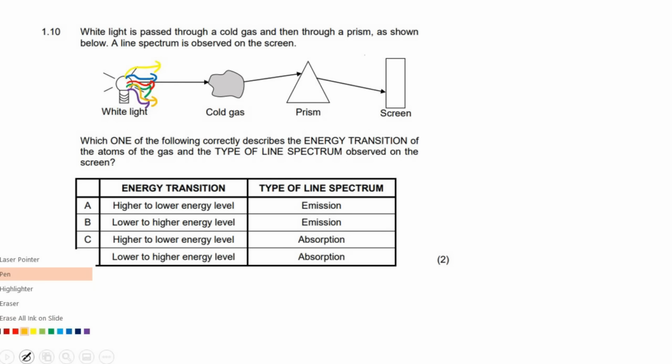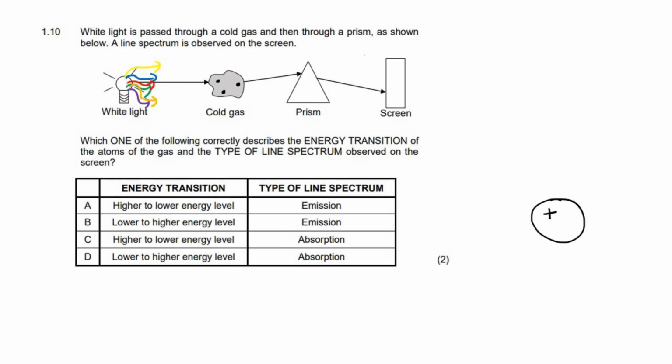Now, what happens is that that white light is shone into this cold gas. Now, in this cold gas, you've got atoms. Okay, I'm going to draw 3 atoms. And inside those atoms, there are electrons. Now, remember, around the nucleus of an atom, if I draw an atom quickly, here's a nucleus.